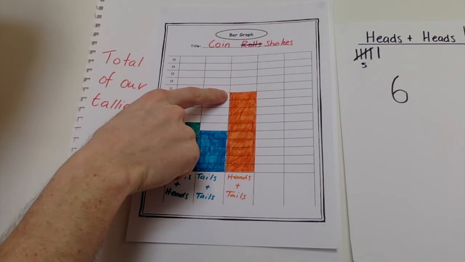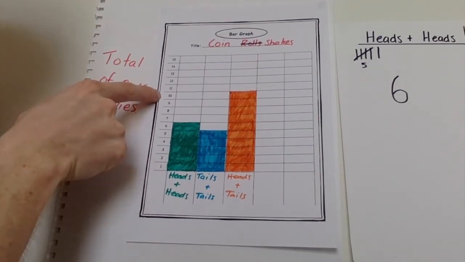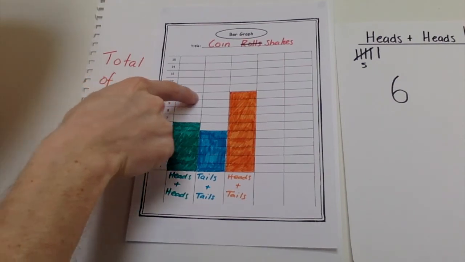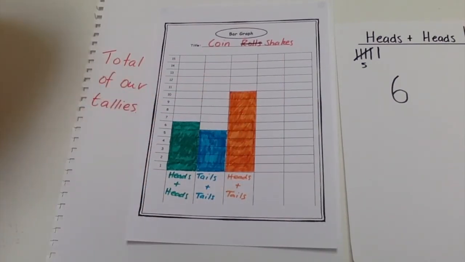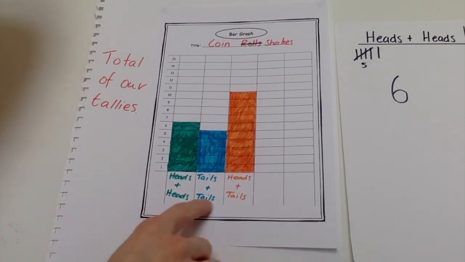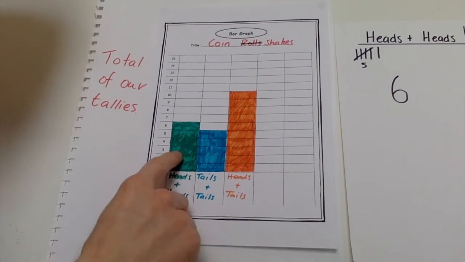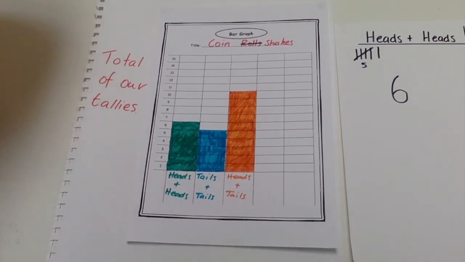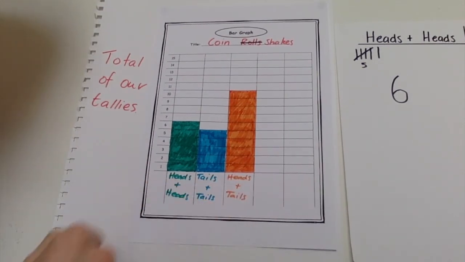So I had 10 heads and tails. Okay? See how there's a number over here, 10, lines up with the bar graph over there. Okay? Alright. So, you need to do different colours so you can see them clearly. Okay? And that is how you make your bar graph.